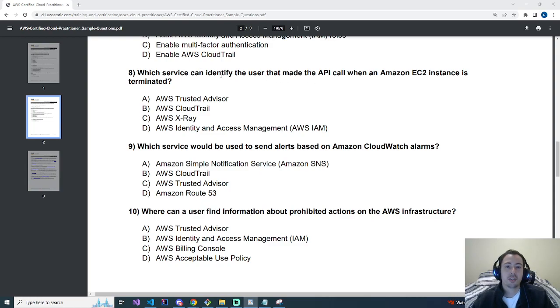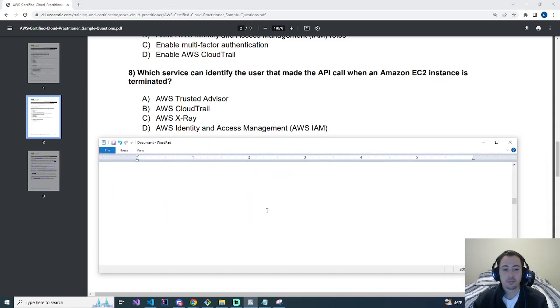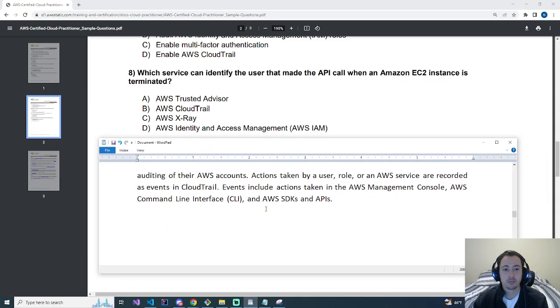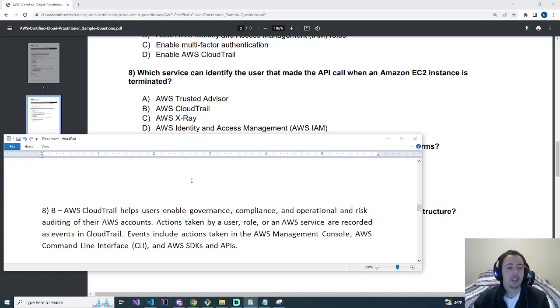So, which service can identify the user that made an API call? It's almost as if there was a log or some sort of trail of steps that were taken. So looking at all of these options, AWS CloudTrail seems right to me. Let's see. So the answer is B.